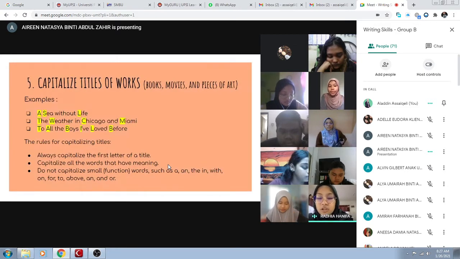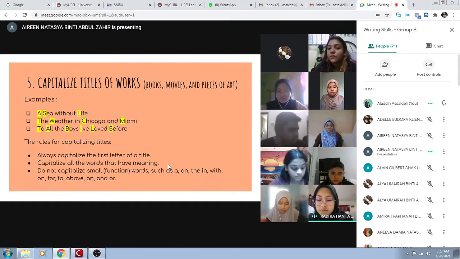Capitalize a person's title, including Mr., Mrs., Miss, and Doctor. Number 4, capitalize names of countries and other geographic areas. Capitalize the names of people from those areas. Capitalize the names of languages. And the last one, capitalize titles of works such as books, movies, and pieces of art.